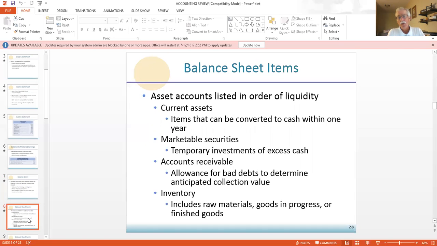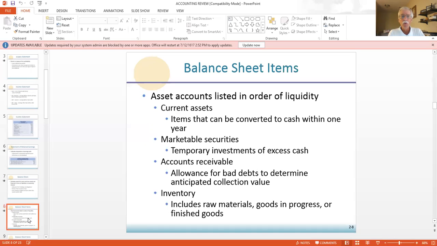Some of the accounts you're going to see: current assets. Those are assets that you expect to use in the upcoming year in your operations. Marketable securities involve temporary investments. That marketable meaning that they can readily be sold in the financial markets.